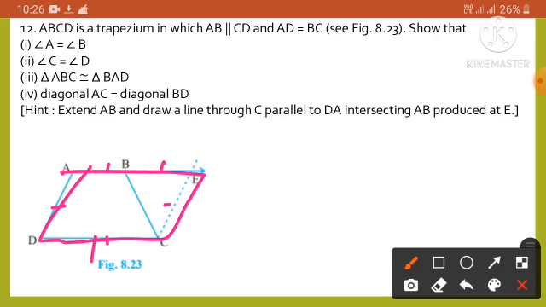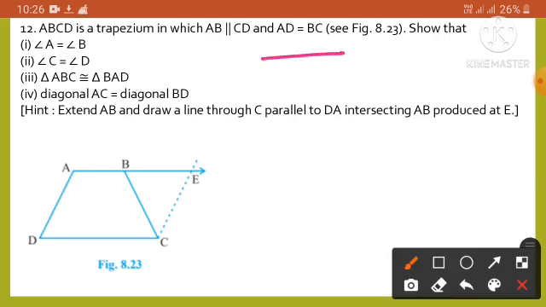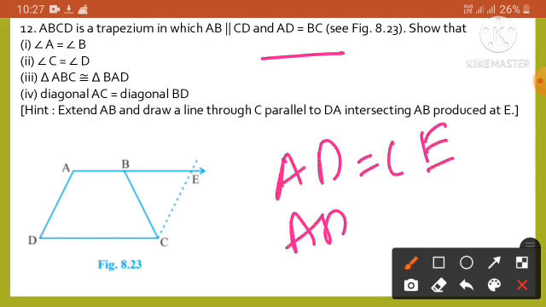So AD equal to CE, because opposite sides of a parallelogram are equal. But AD equal to BC is given in the question. So AD equal to CE and AD equal to BC, so we can say that BC equal to CE.